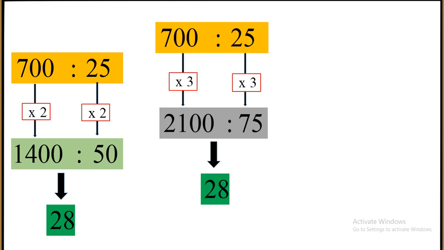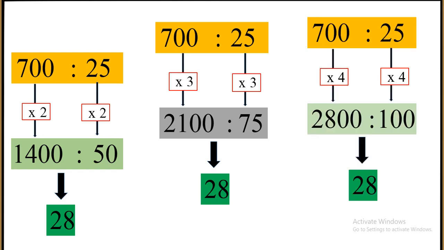Now we multiply both of them by 3. We get 2100 divided by 75. And then both of them are multiplied by 4. So we get 2800 divided by 100, and the result is 28.